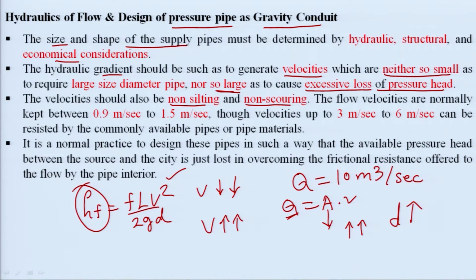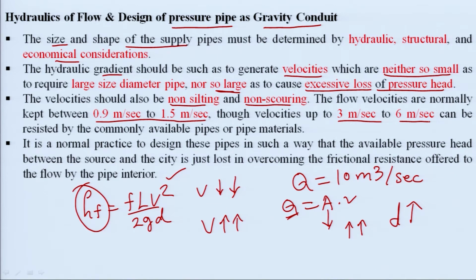So, we have to take an optimum value that should correspond to the non-silting and non-scouring case, and for that purpose the velocity should be kept between 0.9 meter per second to 1.5 meter per second, or this can be raised up to 3 meter per second to 6 meter per second from the point of economy consideration.